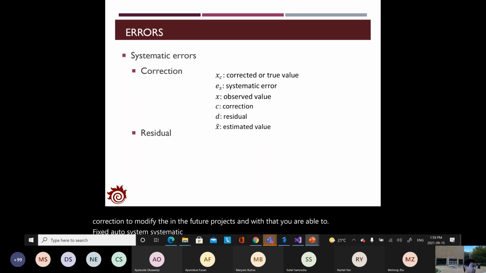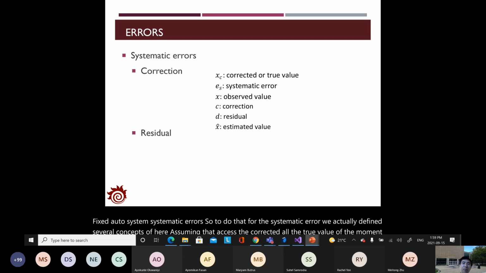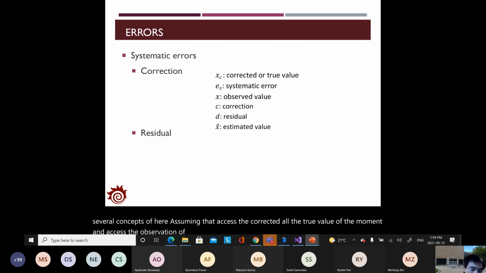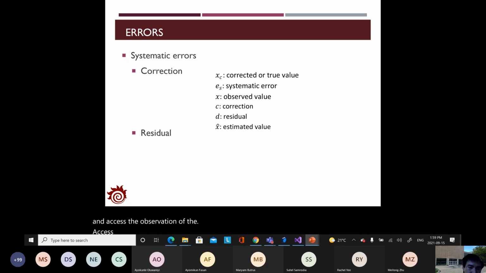For the systematic error, we define several concepts. Assume that Xc is the corrected or true value of the measurement, and X is the observation. Then we can define Es as the systematic error.